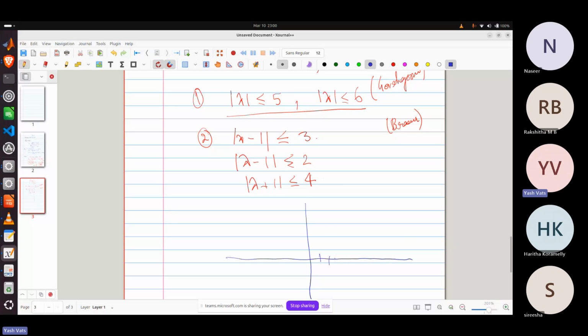So you have 1, 2, 3, 4, 5. Then you just 1, 2, 3, 4, 5. It's kind of something like this. 1, 2, 3, 4. 1, 2, 3, 4. So that is this one. And mod lambda is less than equal to 6 is the big circle.